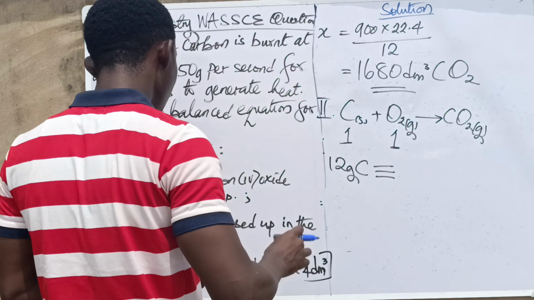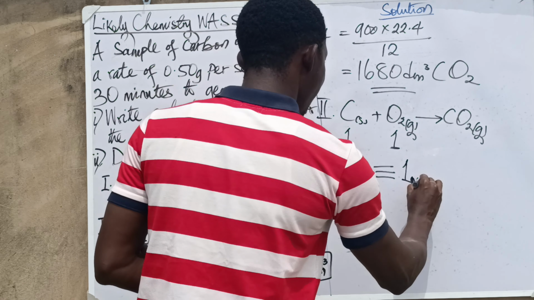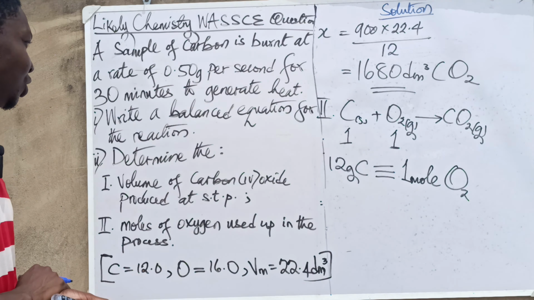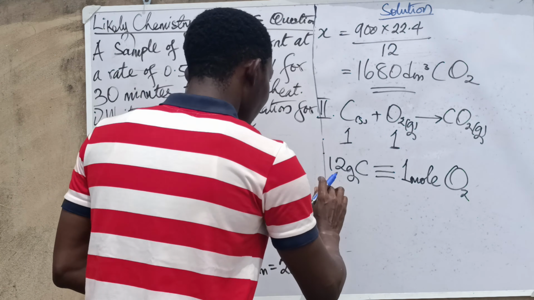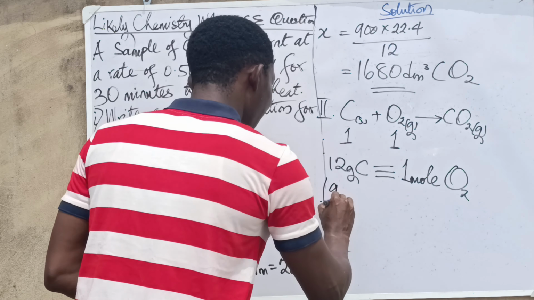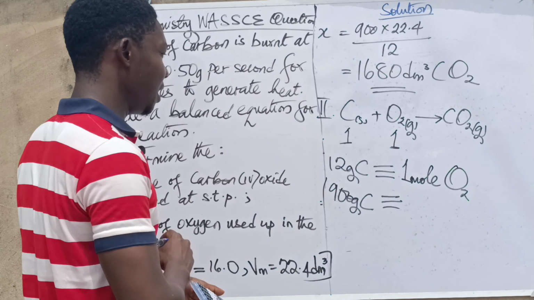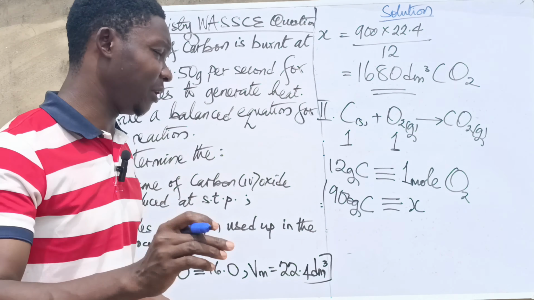Burning in 1 mole of oxygen is what it gives us. Remember, this is the data from the balanced chemical equation. And from the question again, 900 grams of carbon when it's burnt still leaves us with what? An unknown, x.